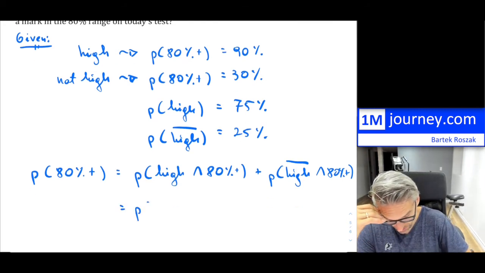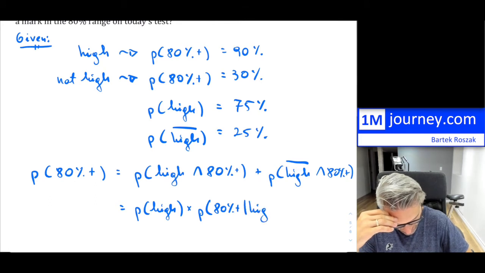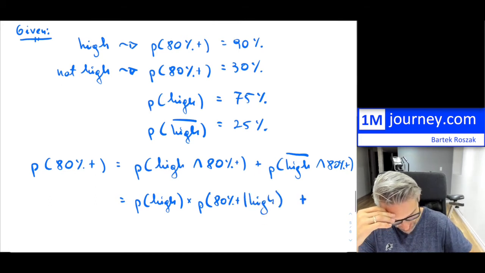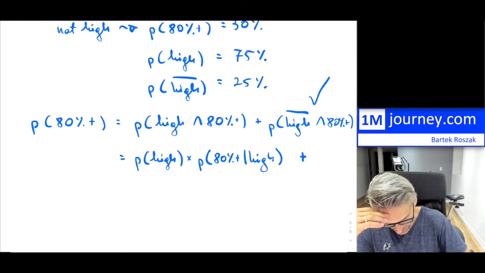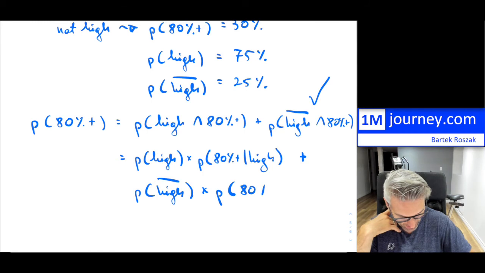Well, what does this equal? This equals the probability of having high confidence multiplied by, from the conditional probabilities, the probability of getting 80% given that it's high, plus the probability of not high confidence multiplied by the probability of getting that 80% range given that his confidence is not high.